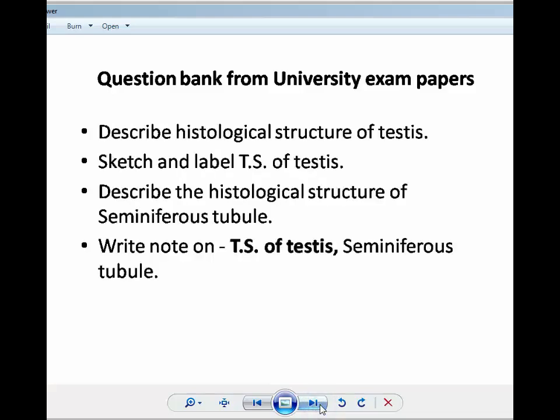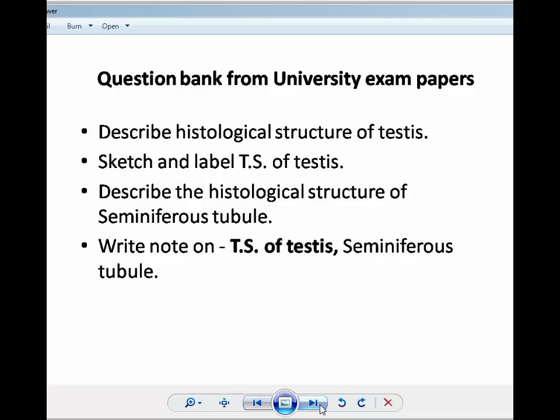Now some descriptive questions they ask in a university exam related to these topics are: describe the histological structure of testes. Here the entire structure of the testes has to be discussed. Major focus on the seminiferous tubule, the outer layers, scrotum, then the two layers, then the septum and seminiferous tubule structure, then the structure of the rete testis and epididymis.